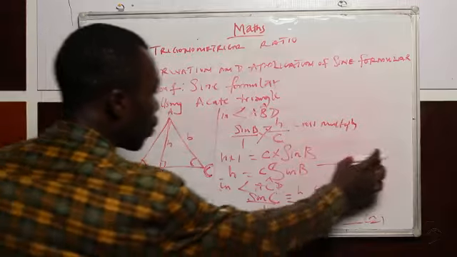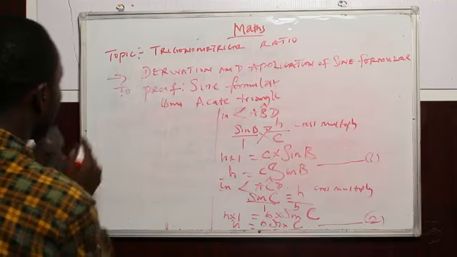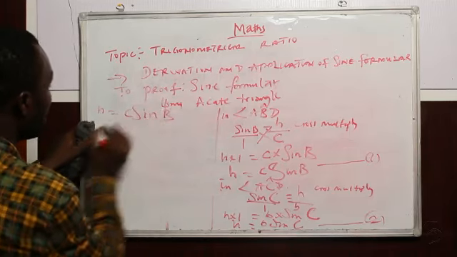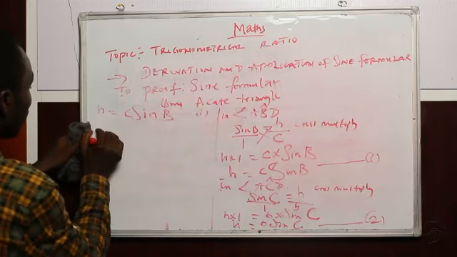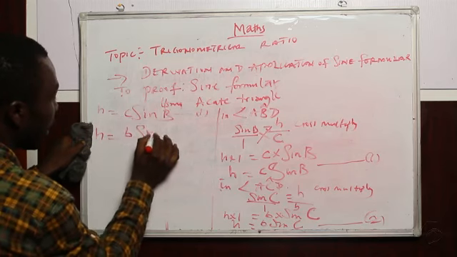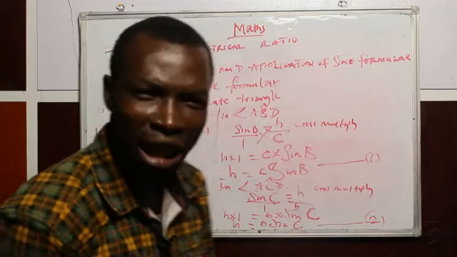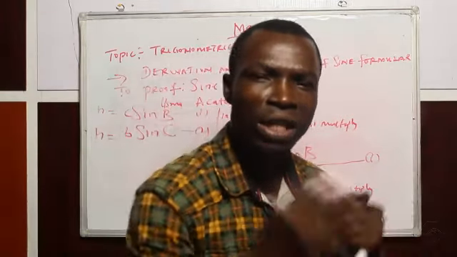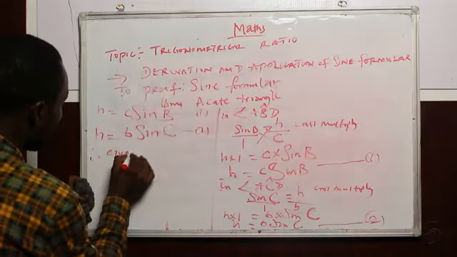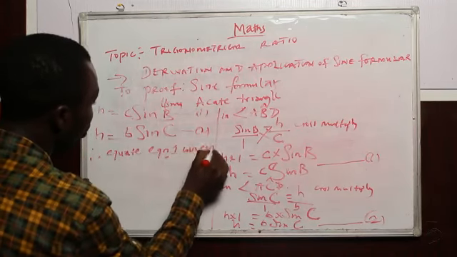Therefore, we have equation 1 and equation 2. Equation 1 is h equals c sine B. Equation 2 is h equals b sine C. Now, we discover that they are equal. We can now equate equation 1 with equation 2.